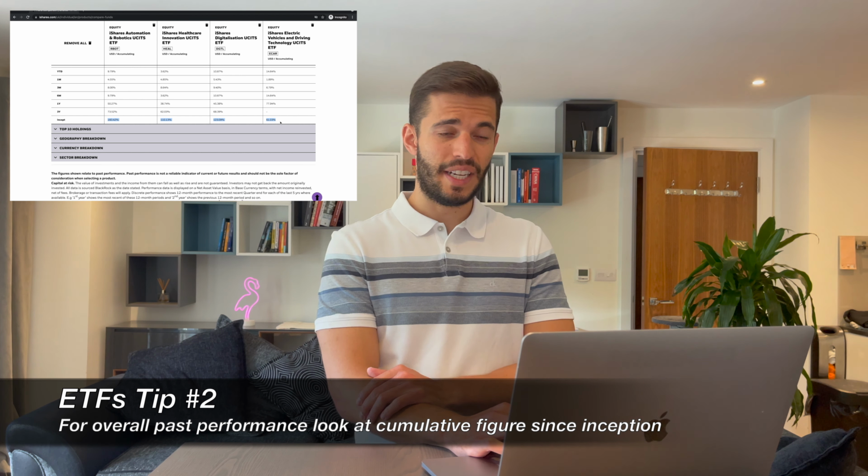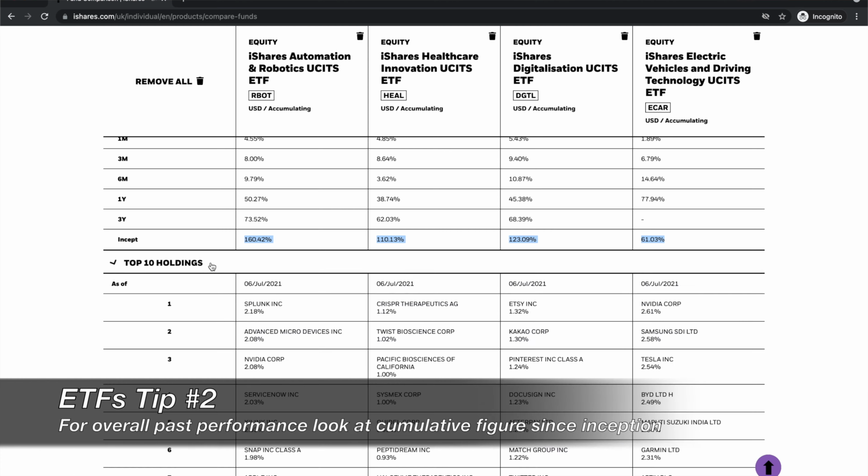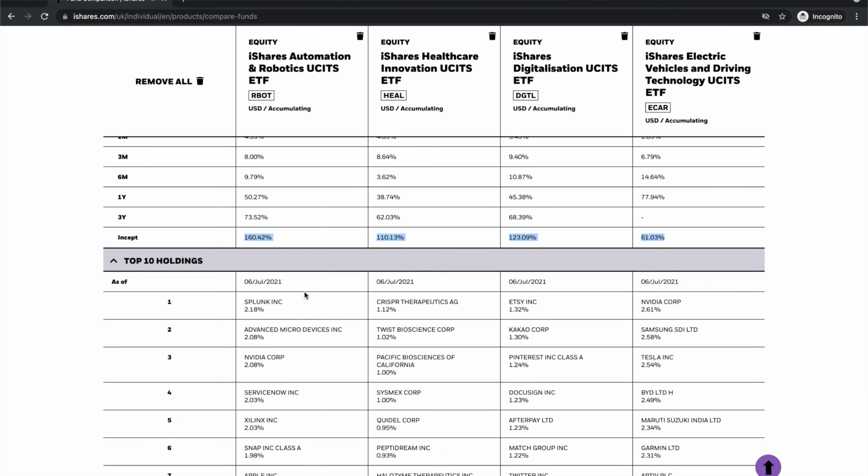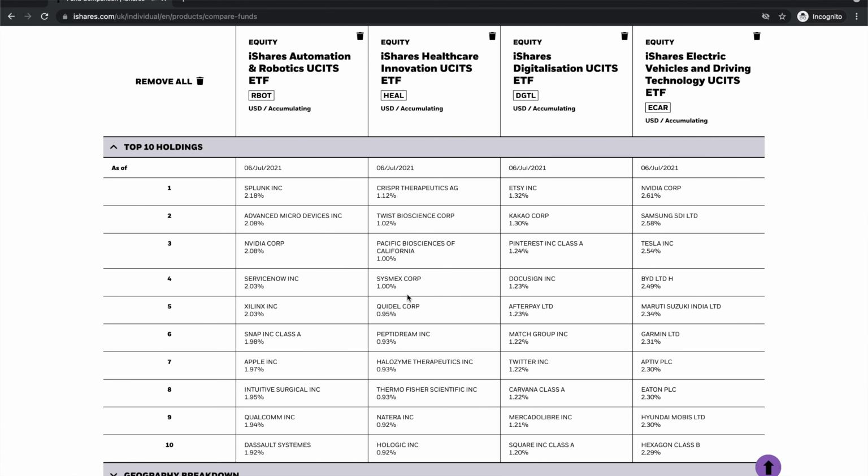Now, if we look at the top 10 holdings, these are the underlying stocks or underlying companies that these ETFs are investing in. It is important to understand the breakdown of the underlying securities held by these ETFs, just like with the mutual fund examples we did in the other video. The reason being is that you want to make sure that you are diversifying properly. So in terms of the top 10 holdings, it looks like there is not that much overlap among these 4 ETFs.